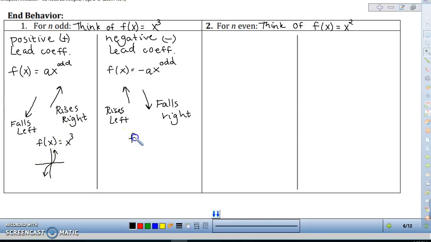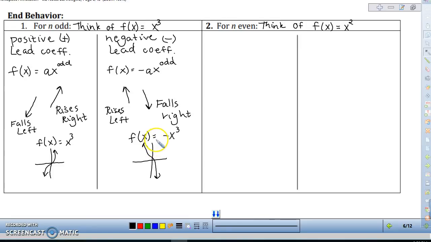Now over here, if I were to turn that into a negative x cubed, we know from our transformations that that is a reflection over the x-axis. So my graph actually is going to look like this. And we can see that it's now rising on the left and falling on the right.